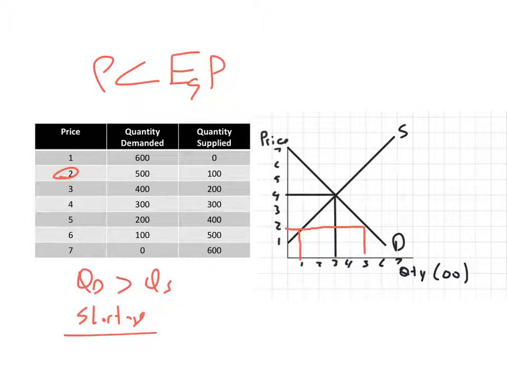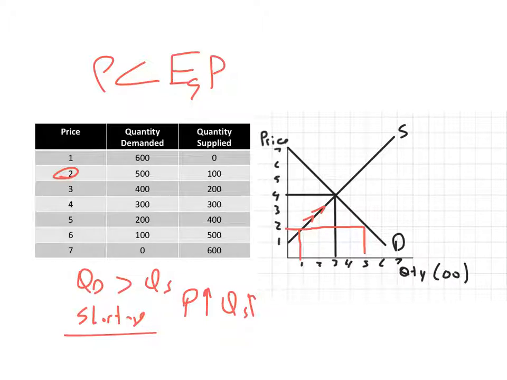Long lines of customers, angry customers, customers whose orders are not being filled. This is a situation in which firms will respond by raising price and correspondingly increasing the quantity supplied. As they raise price, firms will move along their supply curve.